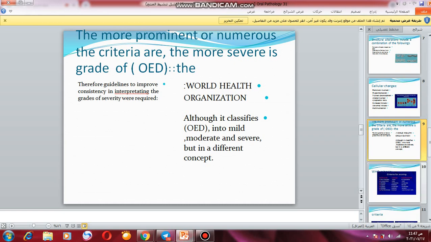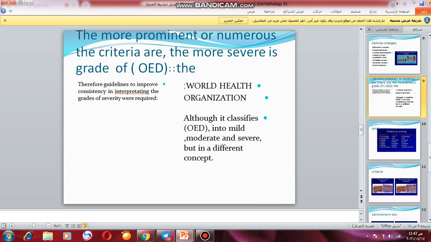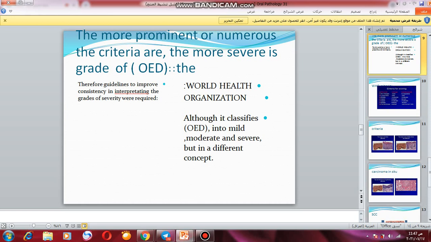The more prominent or numerous the criteria, the more severe is the grade. يعني oral epithelial dysplasia has a classification.